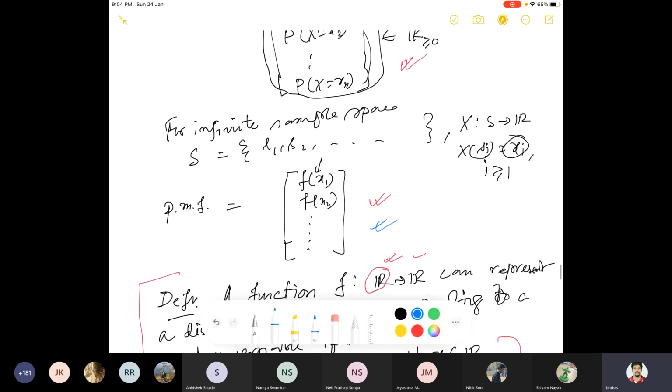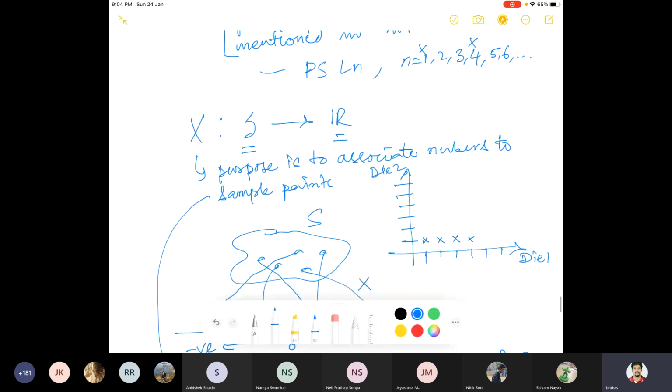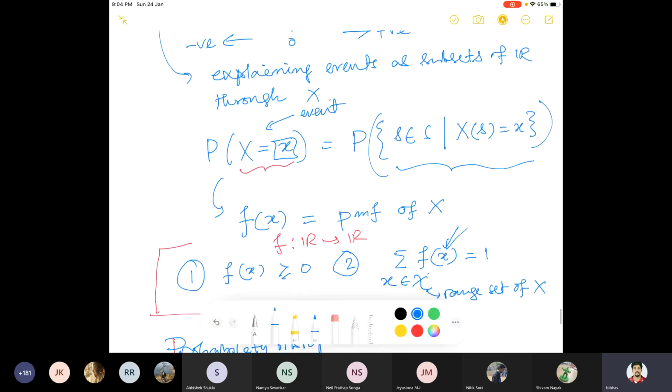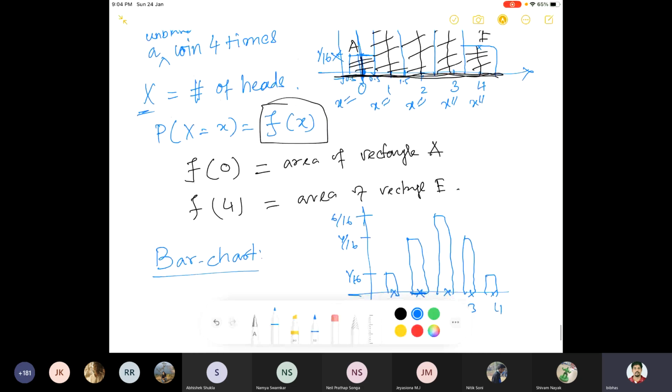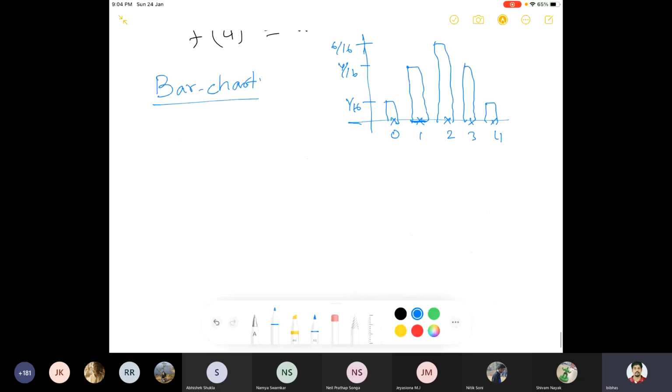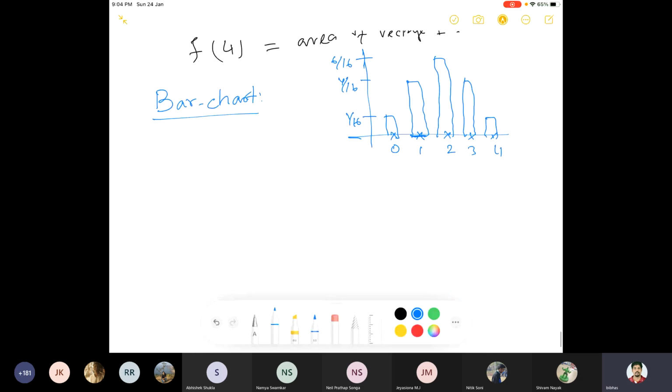If you draw the histogram or the bar chart, it will give you an impression about the random variable and the probabilities of the corresponding sample points, not the exact sample points but the range of the random variable.